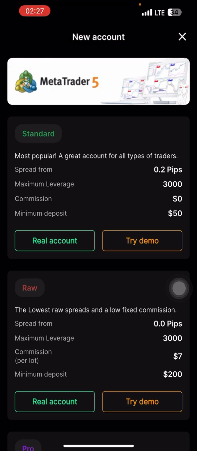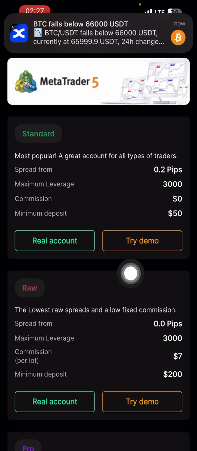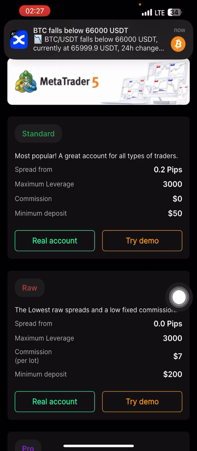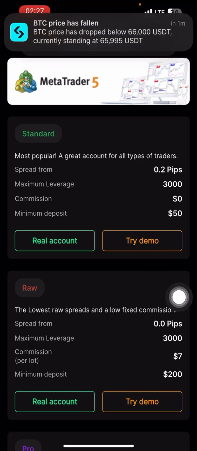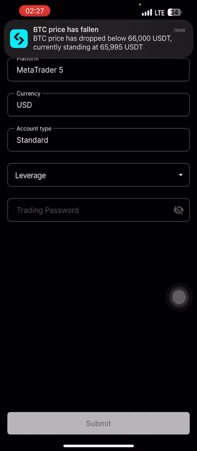So we have try demo or real account. If you are new and you want to try the demo, you can click on try demo. But if you know much about trading, you can go to the real account.